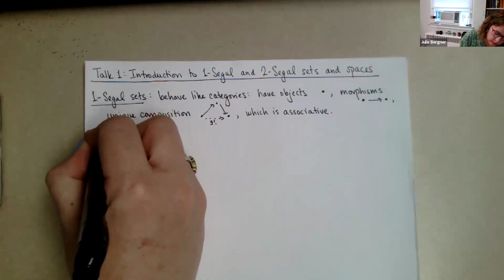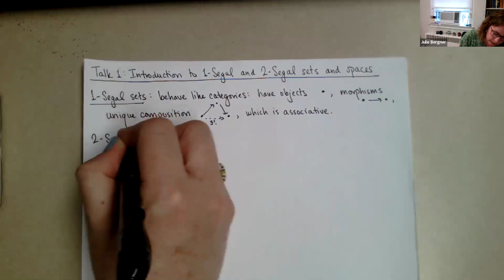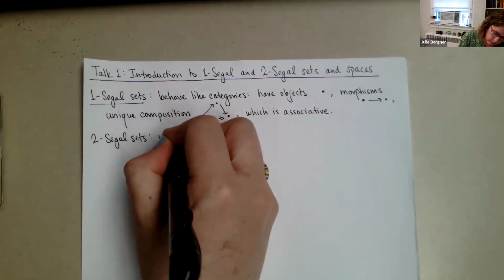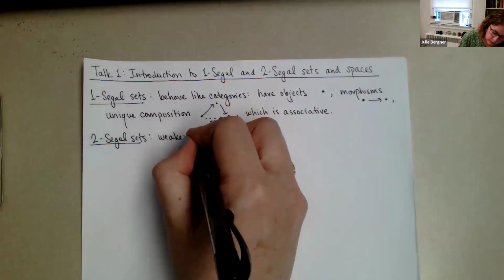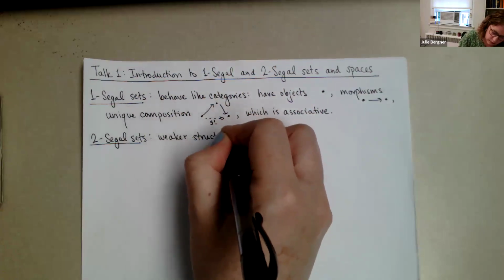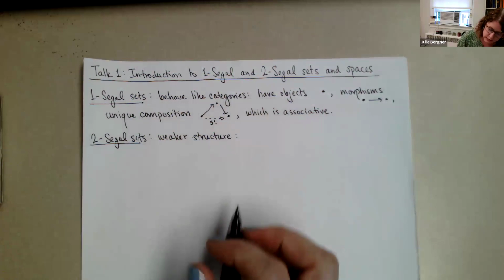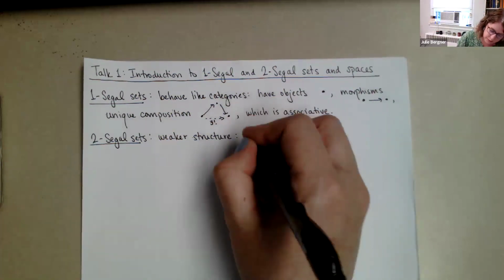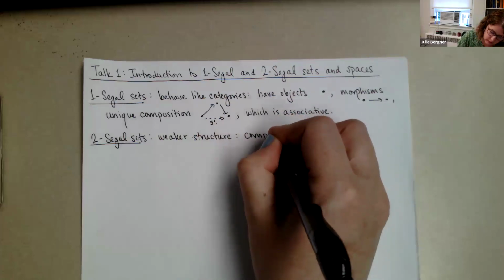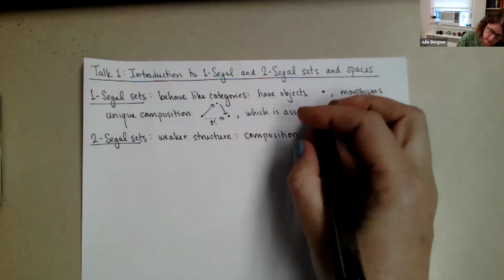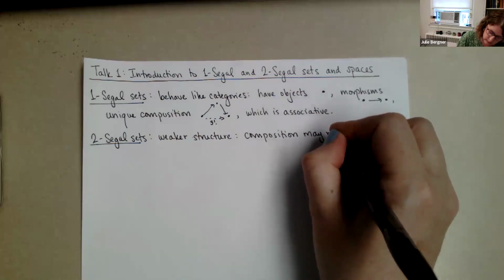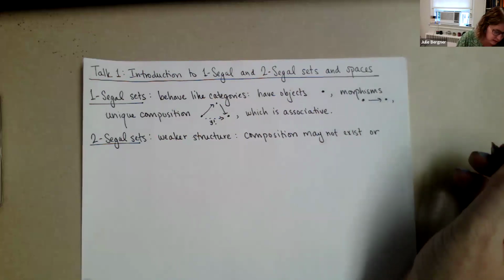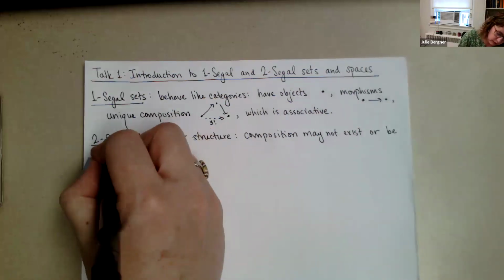2 Siegel is going to be something a little bit weaker. So we're still going to have objects and morphisms, but in this case, composition may or may not exist. And even if it does exist, it may not be unique.